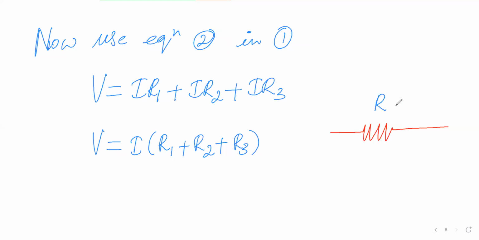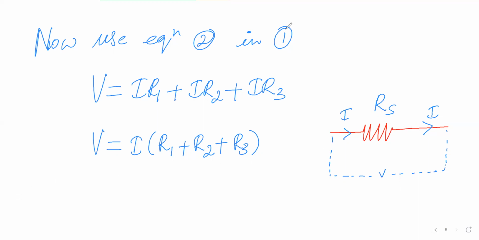This is called RS, and this is the main current I. Here the same potential is supplied.